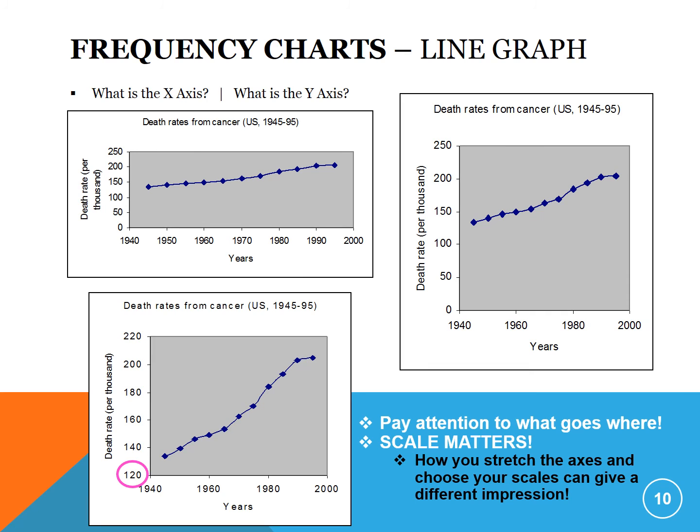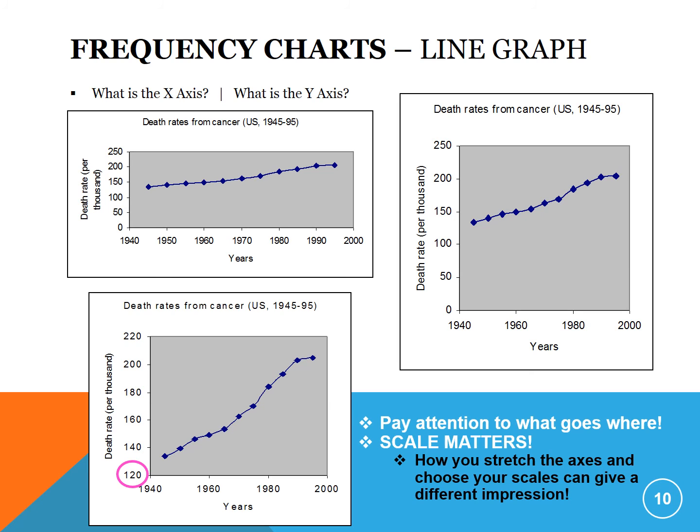And then also, equally and possibly even more important, is the scale. Scale absolutely matters because how you stretch the axes and choose your scales can give a different impression. It can completely skew data or make people believe something that is not really the case, right?